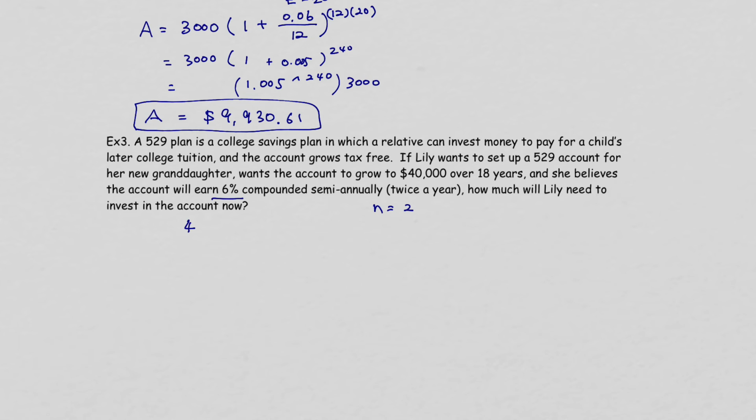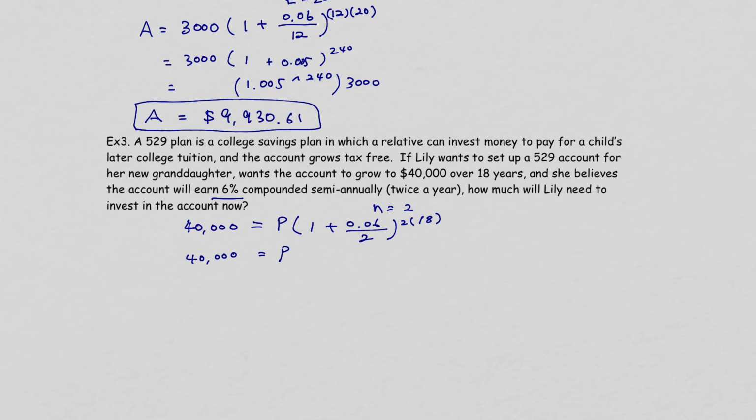So let's put it into the formula, trying to make 40,000. And the principal is what we're trying to figure out. And 1 plus 6% is 0.06 over n, 2, times 18 years. And it means you're going to simplify the parentheses with exponents.